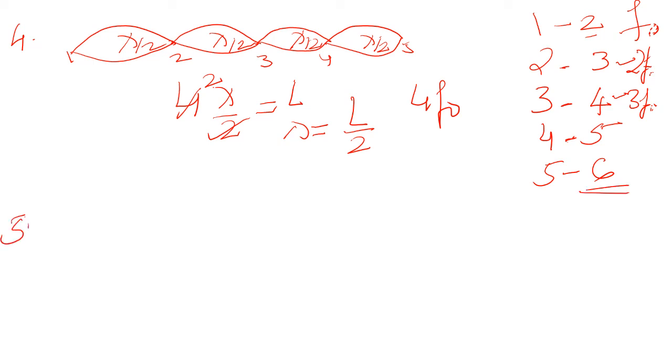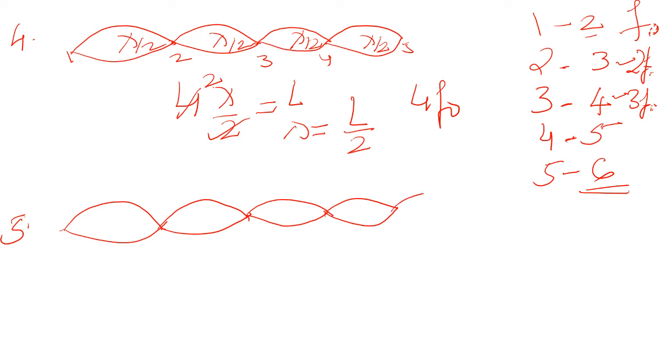Okay, and let's see one more, the fifth one. 5 means we should have 6 nodes for the fifth harmonic. So 1, 2, 3, 4, 5, and 6, isn't it? First node, second, third, fourth, fifth, and sixth. So we have lambda over 2, lambda over 2, lambda over 2, lambda over 2, lambda over 2.